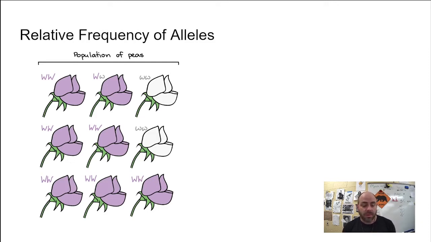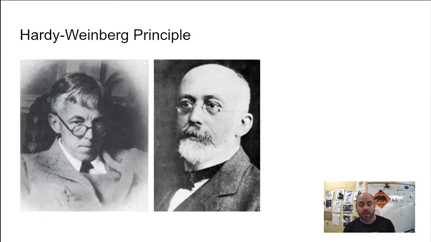And let's see, 1, 2, 3, 4, 5, 6, 13 big W's, and did I get that right? Yeah, and 5 little w's. So 13 out of 18 is the big W, 5 out of 18 is the little w. And what if you came back, I don't know, in several 100,000 years, and that frequency had changed? We would call that evolution, right? That's what we would call that.